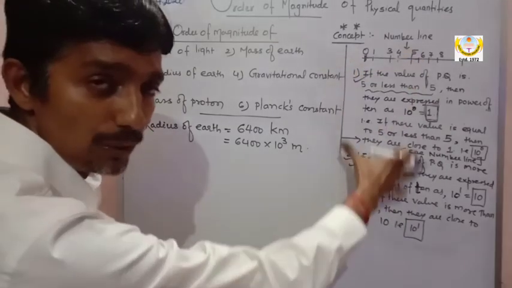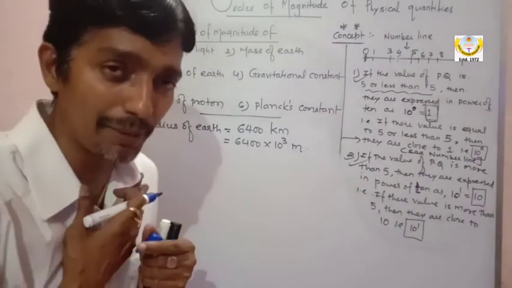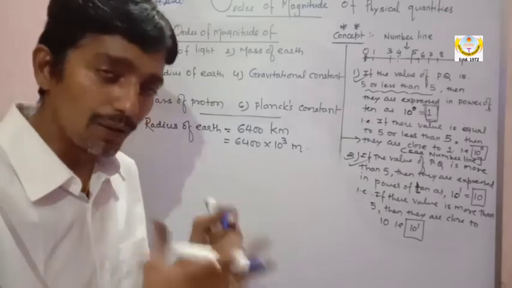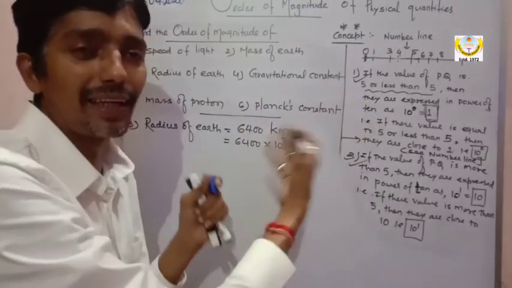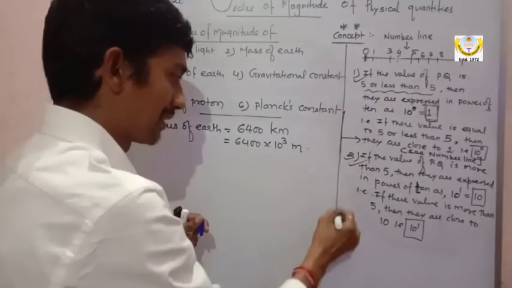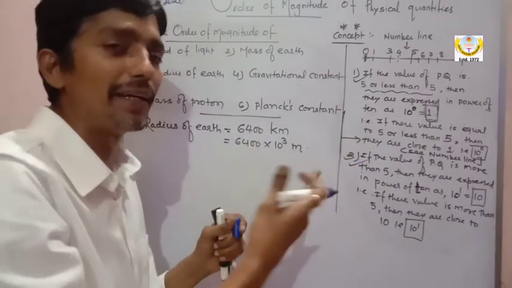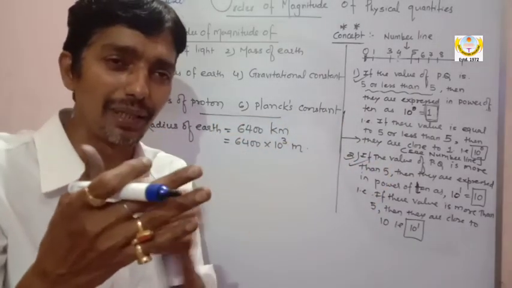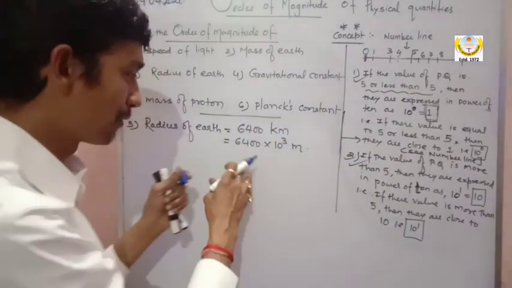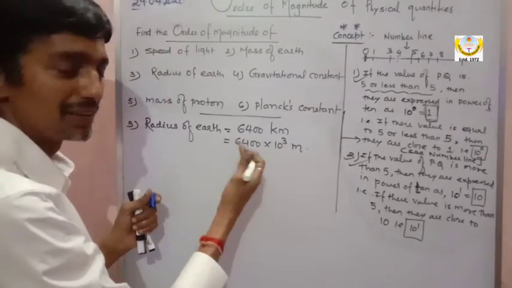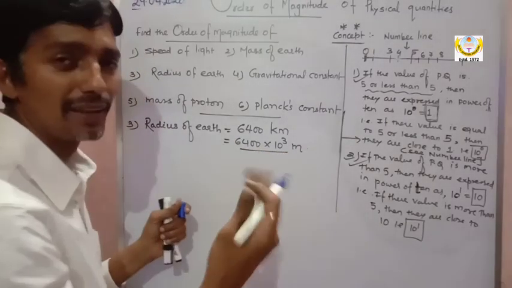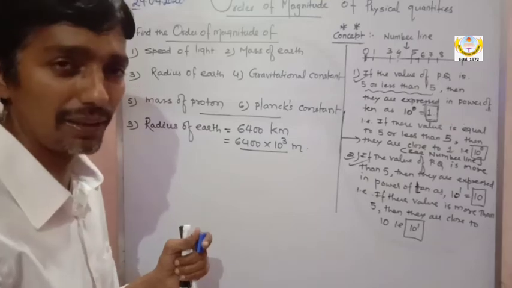You can see my rules. This is my concept, because it will make it easy to understand the topic. Nowhere is it mentioned like this, but I have made it to make it easier for students, so that it will be easy to calculate the order of magnitude for any physical quantity.